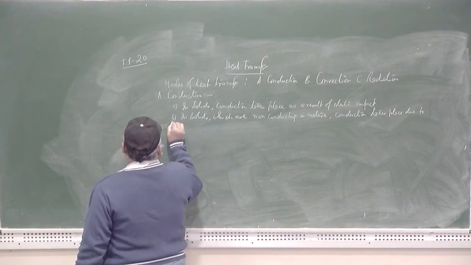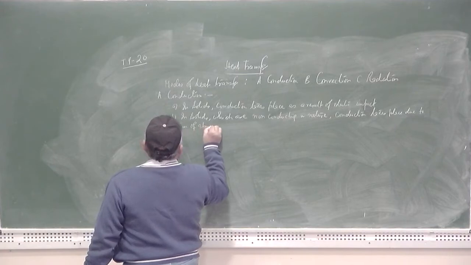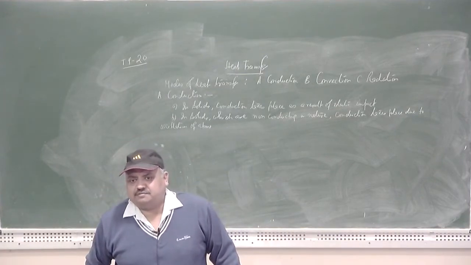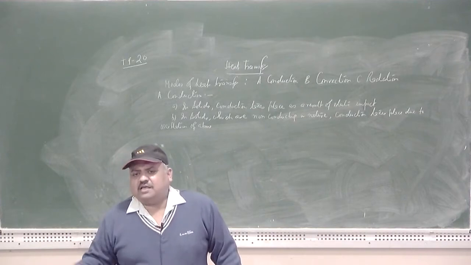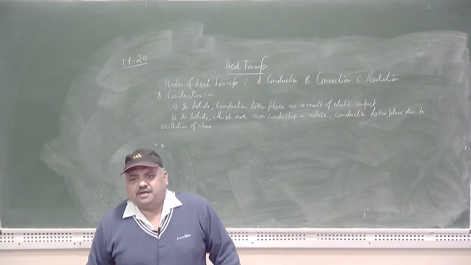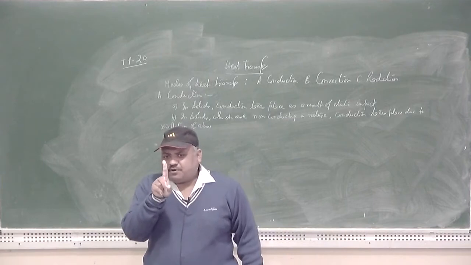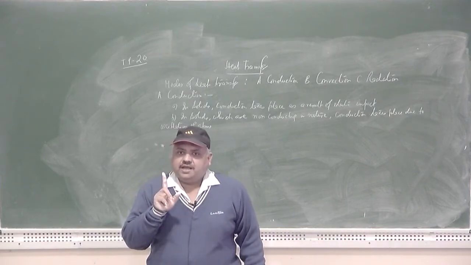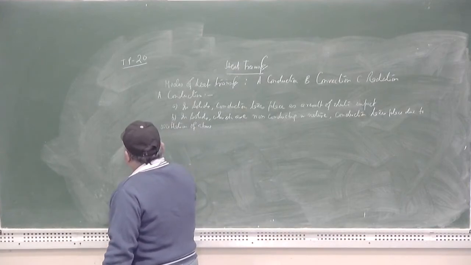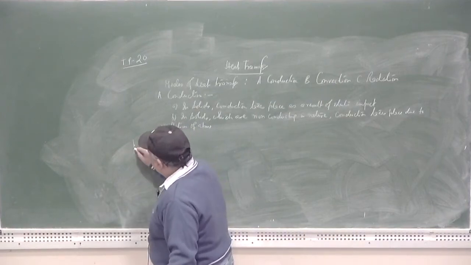As you know from the fundamental principles of quantum mechanics, every atom has a tendency to oscillate about its mean position of rest. It means all the atoms and molecules of a material which is a non-conductor of heat have a tendency to oscillate about their mean position of rest. Let us suppose there are two molecules in the vicinity. This is the mean position of rest for the first molecule, this is the mean position of rest for the second molecule.